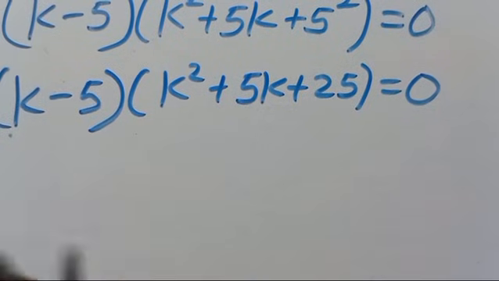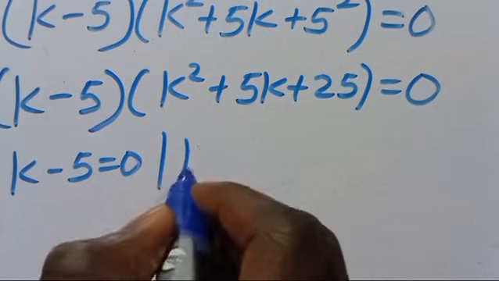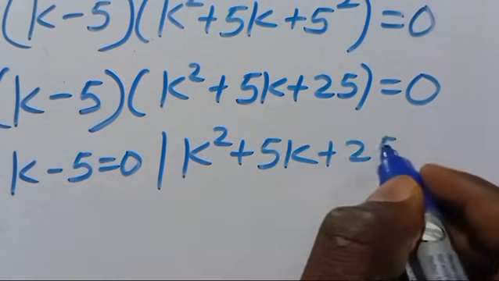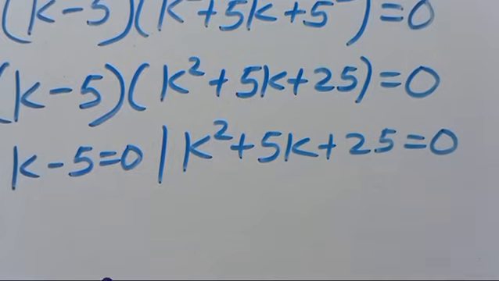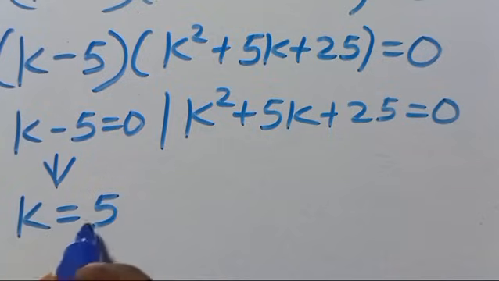Now for this expression to be equal to 0, either we have k minus 5 equals 0, or we have k squared plus 5k plus 25 equals 0. Now from here, we have k equals 5.